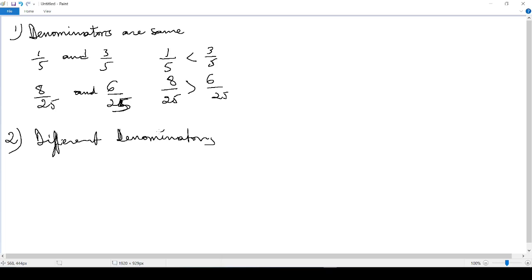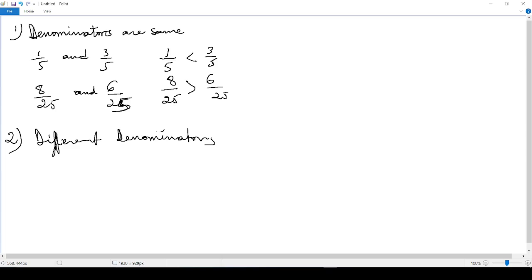First we find the LCD of the fractions and rewrite them. Once we have the LCD, we have the same denominator for each fraction, and we just compare the numerators.